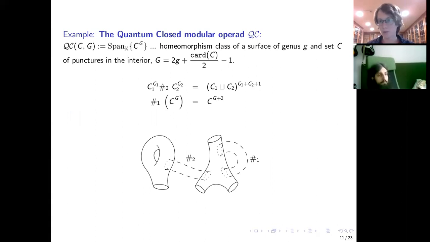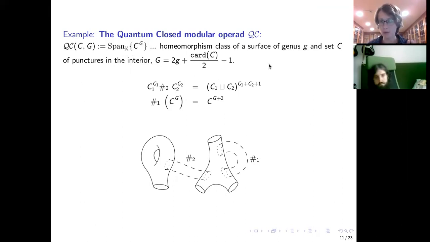And the sigma module there, the collection of vector spaces, they are just one-dimensional for every C and G. So C is here some set of the punctures, and G, big G, has some relation to the genus of the Riemann surface I was talking about before, and the relation is given by this formula. So the big G is given by twice the geometrical genus plus something.